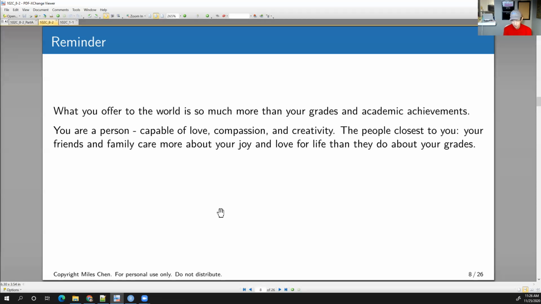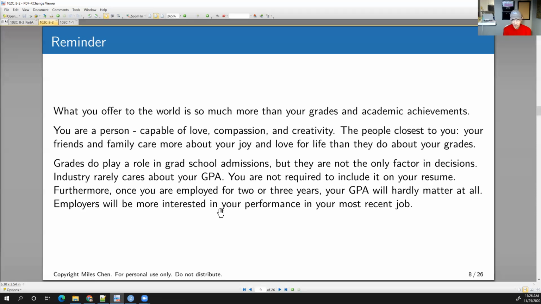Grades do play a role. Grades play a role in things like grad school admissions, but they're not the only factor that goes into determining grad school decisions. As far as getting jobs in industry, industry rarely cares about your GPA. You're not required to put it on your resume.